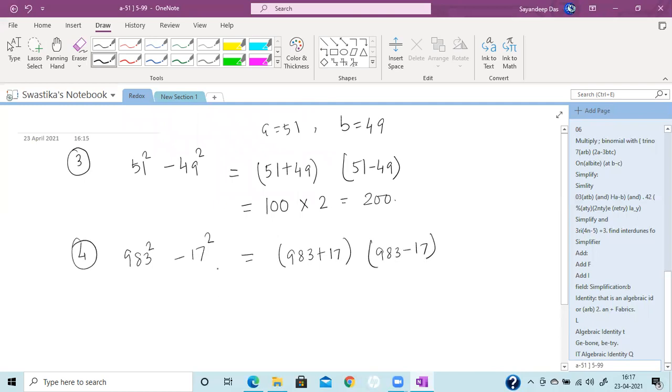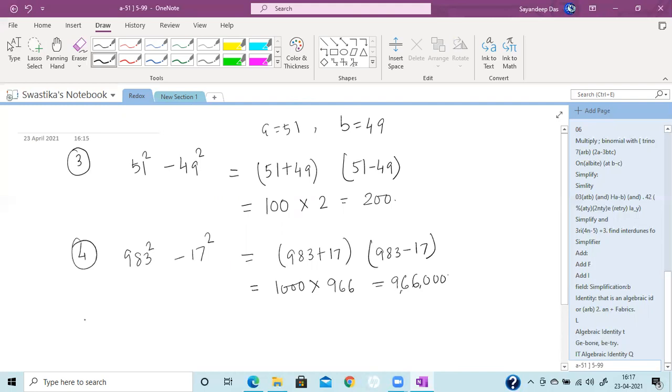So what will be this answer? 983 + 17 is equal to 1000, into 983 − 17 is equal to 966. So this will be equal to 966,000. This is the answer. So very easily we can find out the value of this kind of problems.